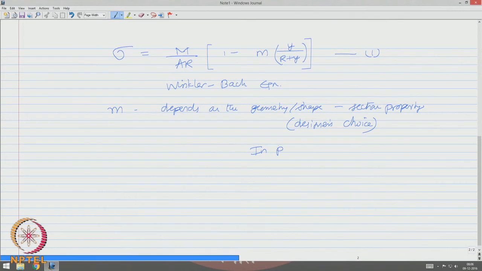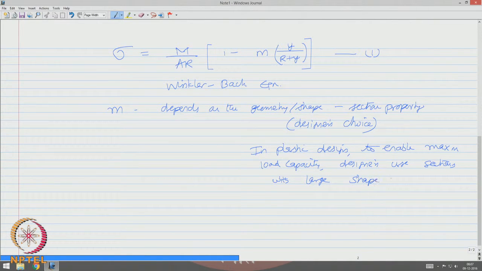For example, in plastic design, to enable maximum load capacity, designers use sections with large shift factors.